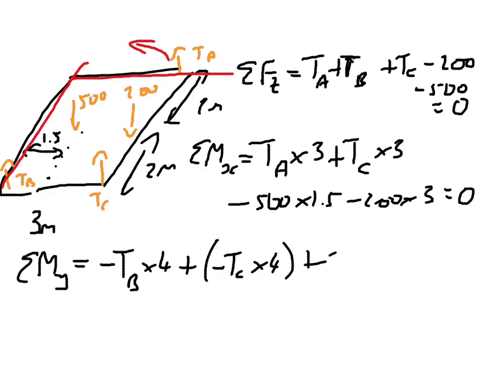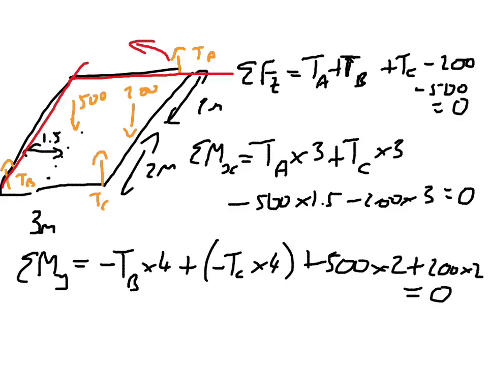And the 500 and the 200 are both 2 metres away and are both trying to turn it in the anti-clockwise direction about the y-axis. So now we've got 3 simultaneous equations and we can solve those and find our TA, our TB, our TC.